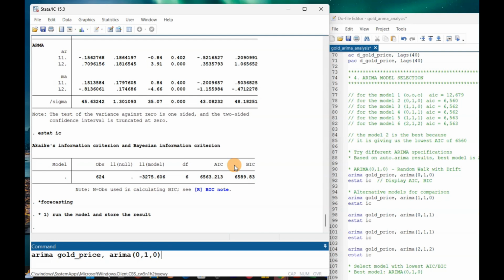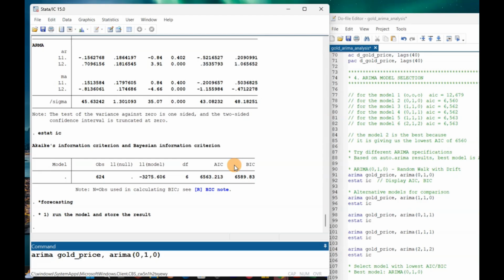So to get the price of gold, what we can do is look at the price of yesterday and look at the shock. Now, the price of yesterday is autoregressive, AR. The shock, the stochastic part, is MA, moving average.